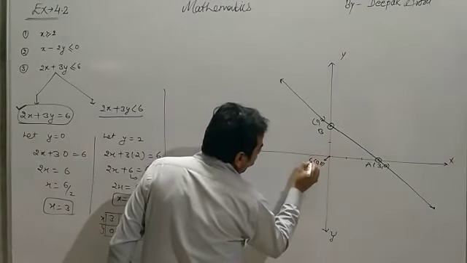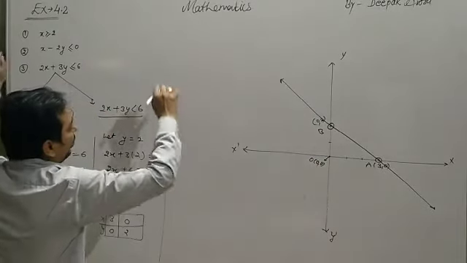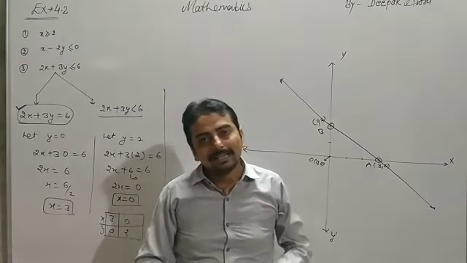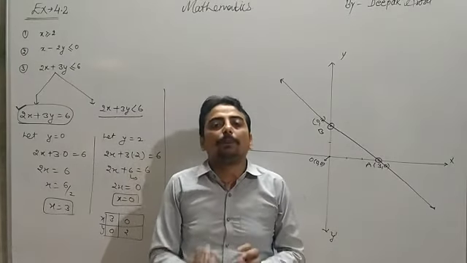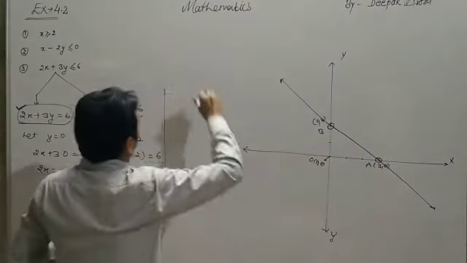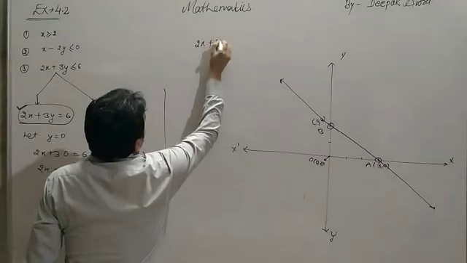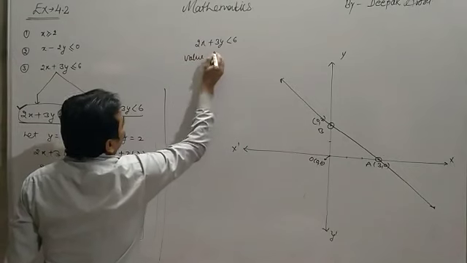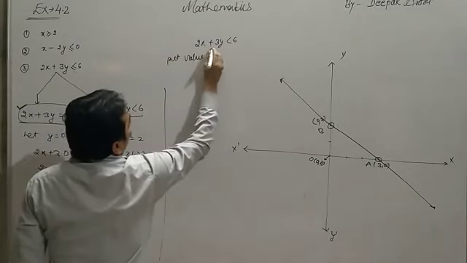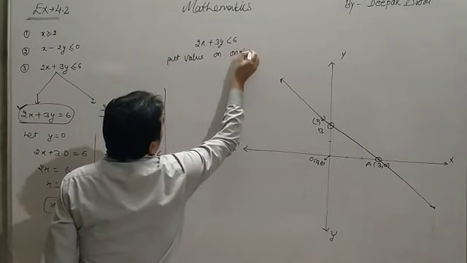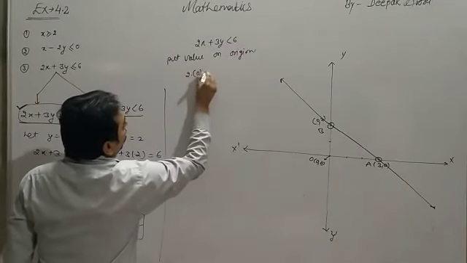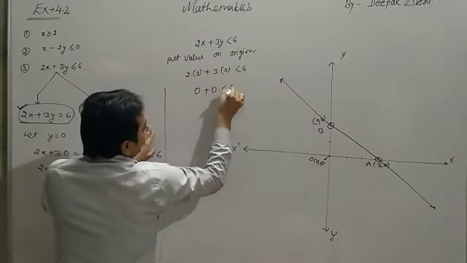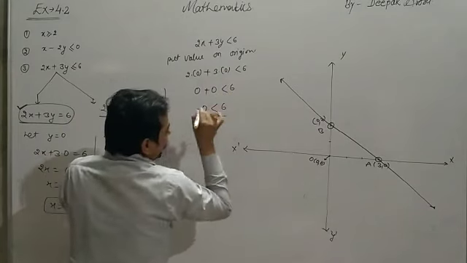Now we discuss the origin point. The origin point is an easy point to put into the equation 2x plus 3y is less than 6, because the values of x and y are 0, 0. Put the values on the origin: 2 times 0 plus 3 times 0 is less than 6, so 0 plus 0 is less than 6, and 0 is less than 6.